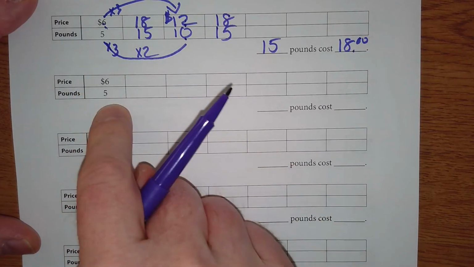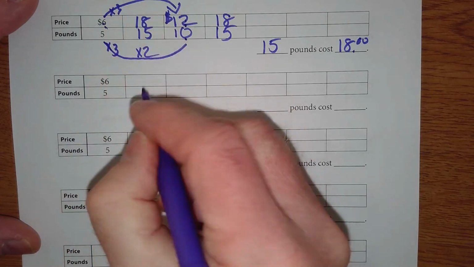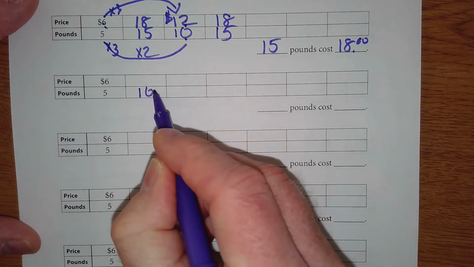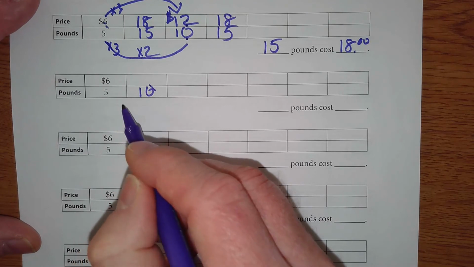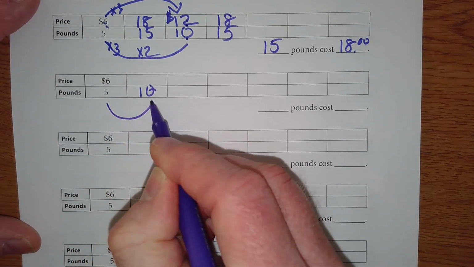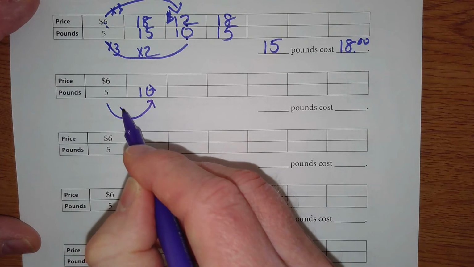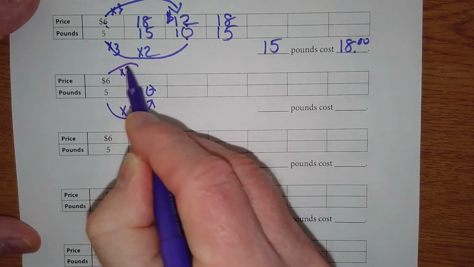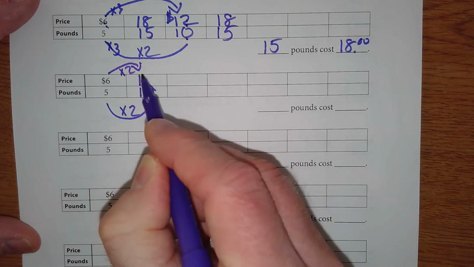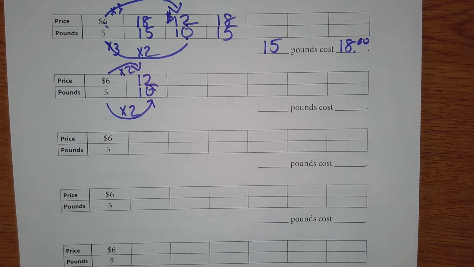How do we get 10 from 5 then, Cole? Times 2. We double. So if we double the 5, double the 6, we get what? 12. So we're at 12 and 10, and we're trying to get to 50.